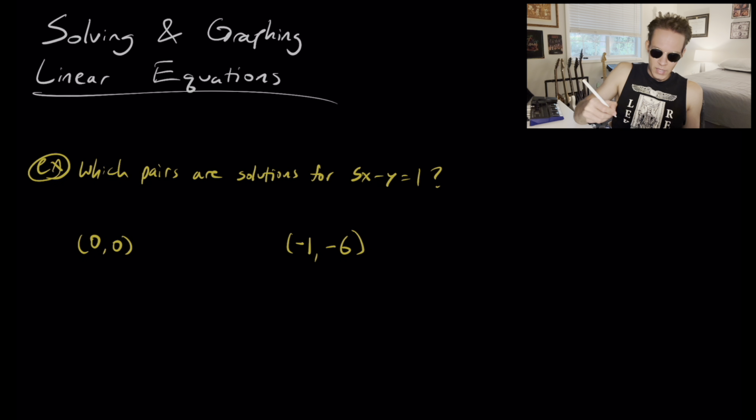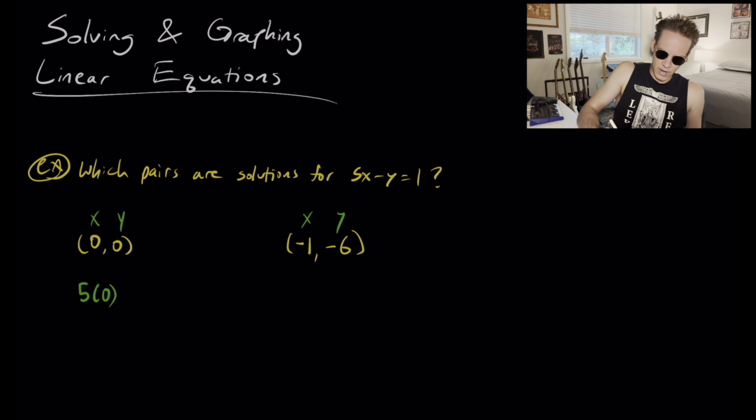So each ordered pair has an x and y value. So the first number is x, the second number is y. And all we're going to do is plug the values into the x's and y's in our linear equation and see if both sides come out to be the same. So starting with 0, 0, instead of 5x, I'm going to have 5 times 0.